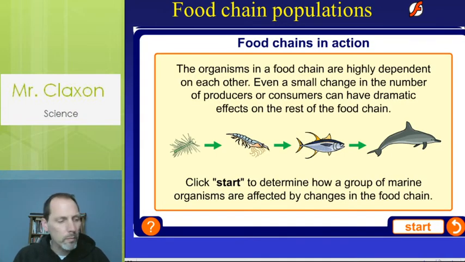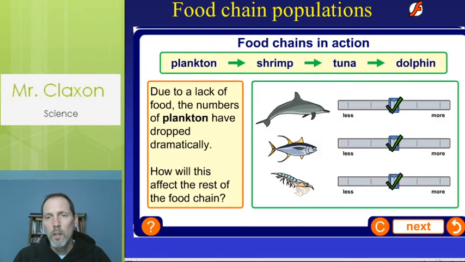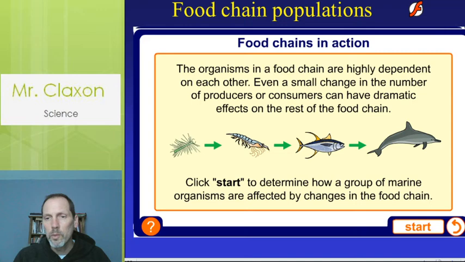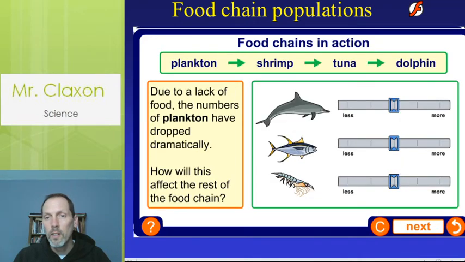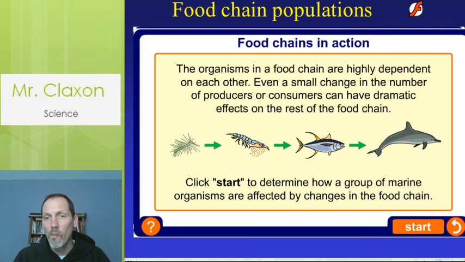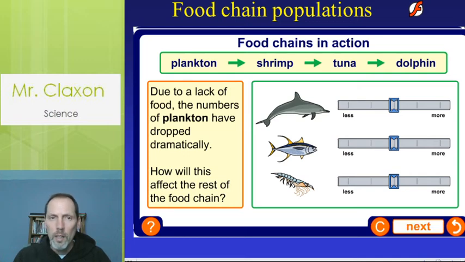Here's one more. This is the last thing we'll look at. Here's a simple food chain, and you go from plankton to the shrimp to tuna to the dolphin, and that would be a food chain. I need to reset this here, and hopefully it'll reset. Alright, let's try this again. It says, due to the lack of food, the number of plankton have dropped dramatically.